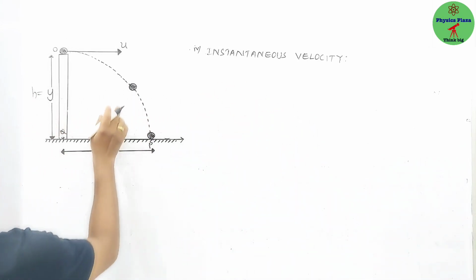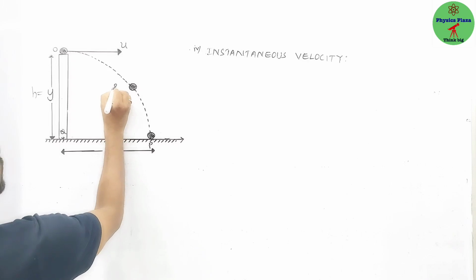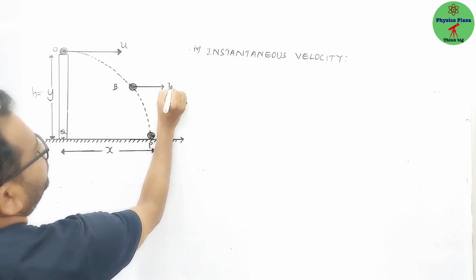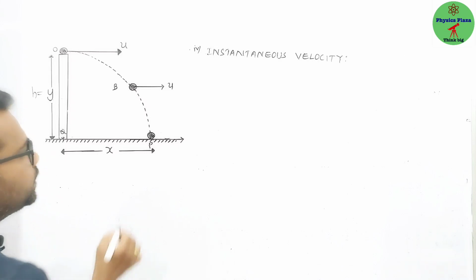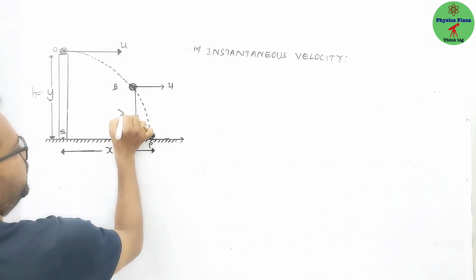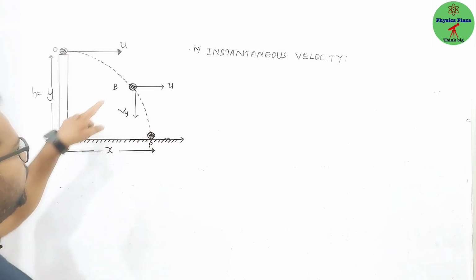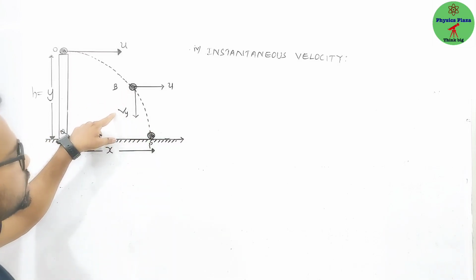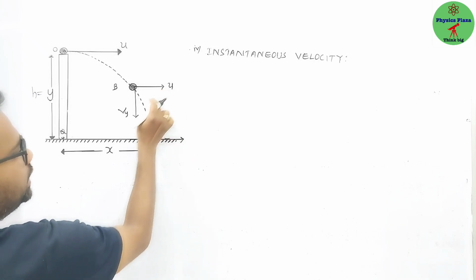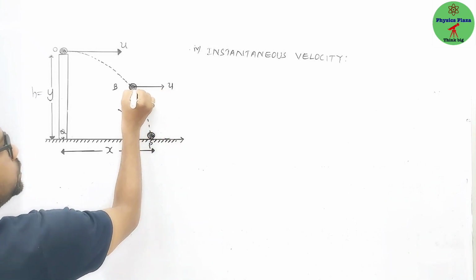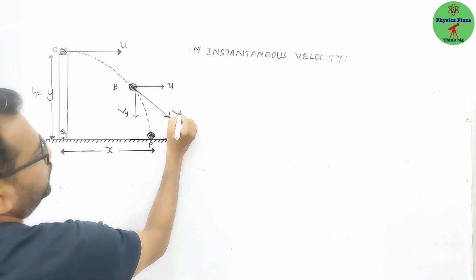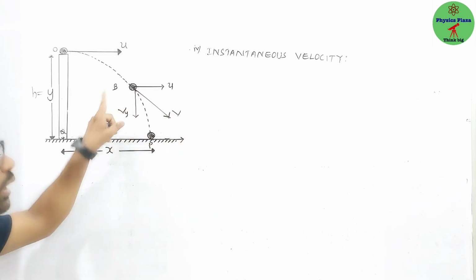For suppose, let us take some point B. Here it has a horizontal velocity u, which always remains constant, and let us say the vertical velocity is vy. The resultant of these two will be along the tangent like this. So this is the instantaneous velocity at point B.